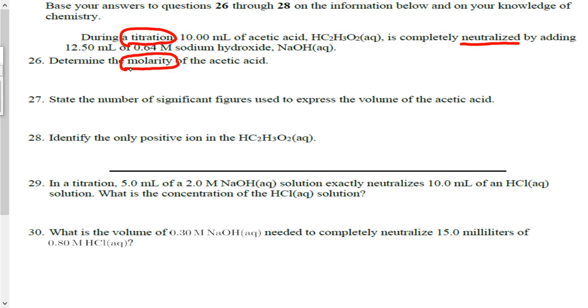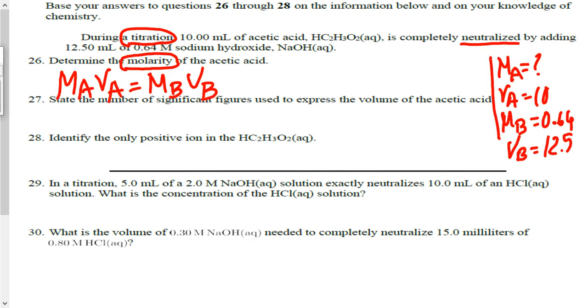Molarity is moles of solute over liters of solution. Then we have the formula for titration. In titration, we also have molarity. MAVA equals MBVB, where MA and MB are the molarity of the acid and base. So you have to be very careful which formula you use while solving these questions.